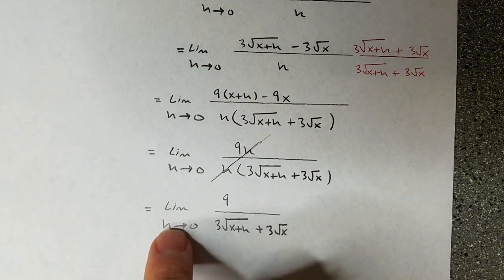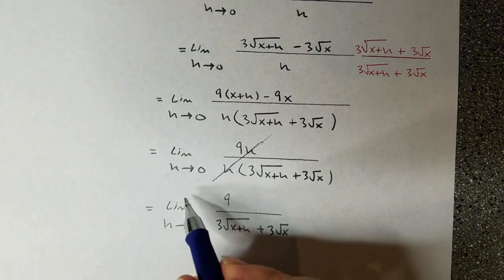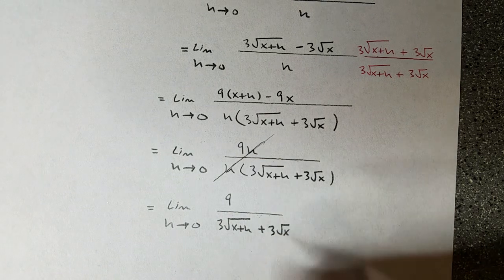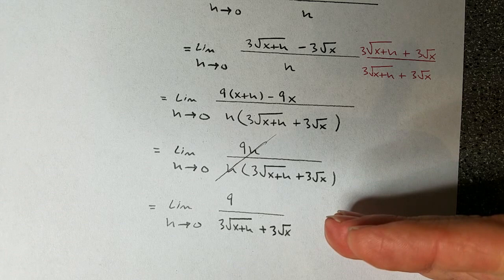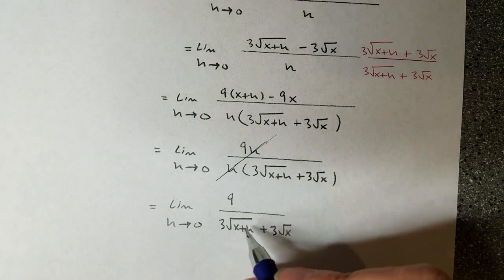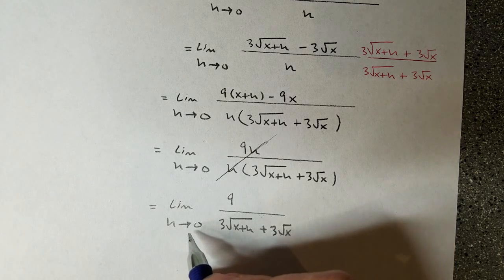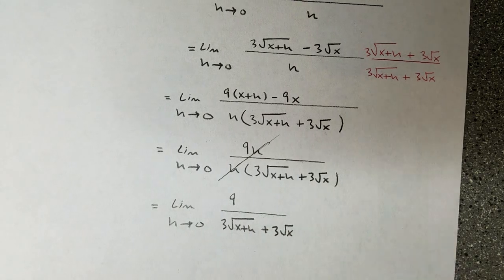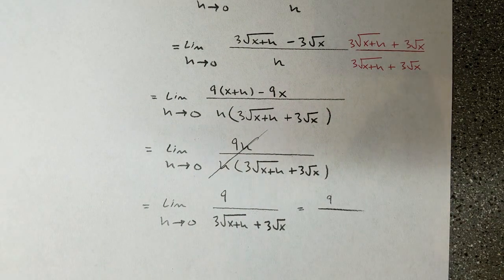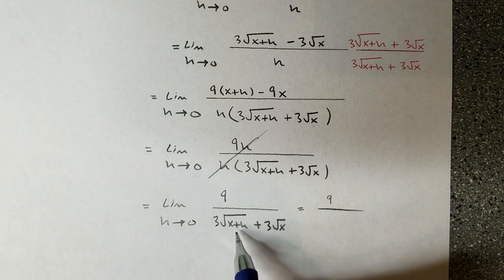Now, it's at this point that you can find this limit by pushing the h all the way to 0. We're to the point where you can do it that way. If I push h all the way to 0, that becomes 0, right? All that goes away, it goes to 0. Then I'm going to get 9 on top. And this part now is 3 root x plus 0.